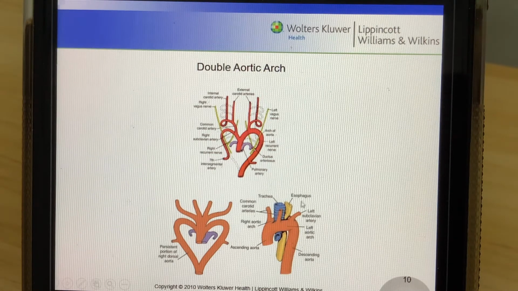Sometimes when you swallow a large amount of food, it is difficult to breathe because the esophagus compresses the trachea. That is one of the manifestations of a patient with double aortic arch. And it is a vascular defect.